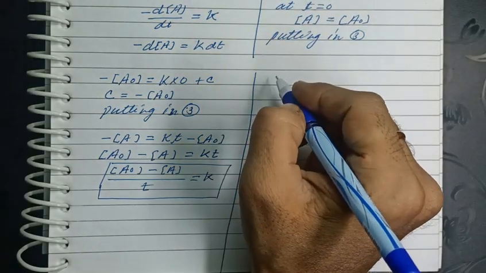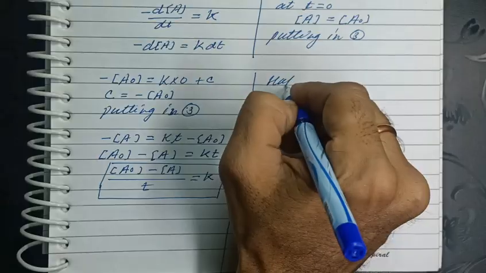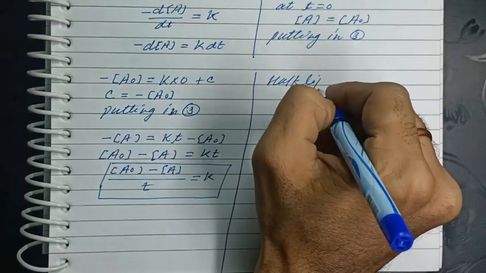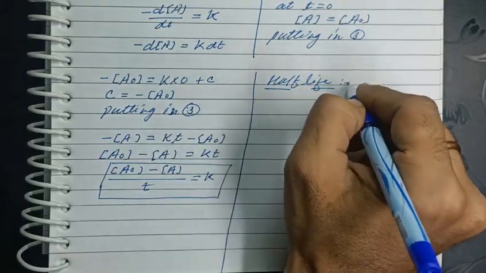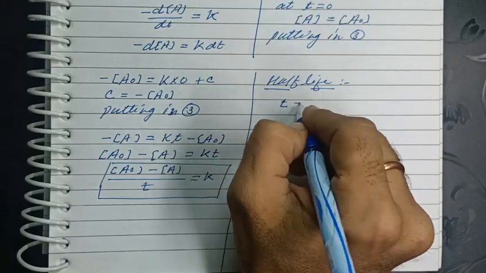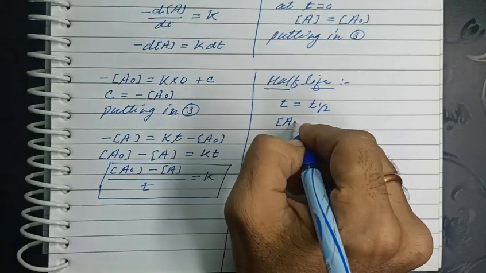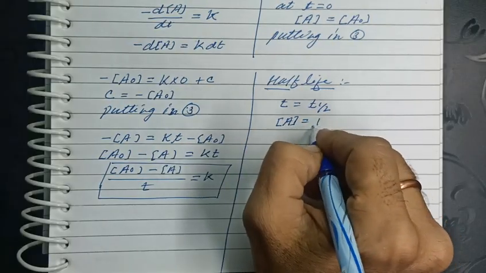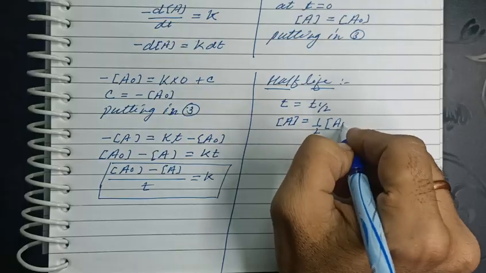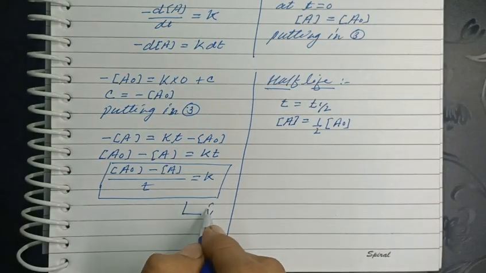Now half-life. Half-life T half, when T is equal to T half, final concentration is equal to half of initial concentration.